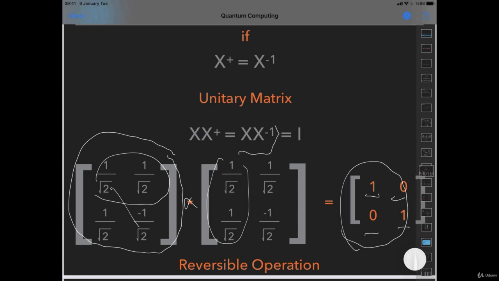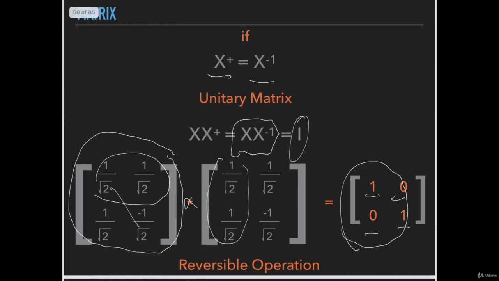So we call this x multiplied by x inverse, and this is equal to the identity matrix. And this represents the reversible operations in quantum computation. So we're going to be dealing with this a lot.